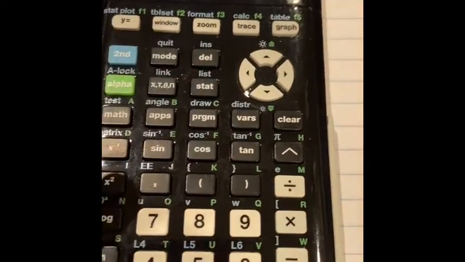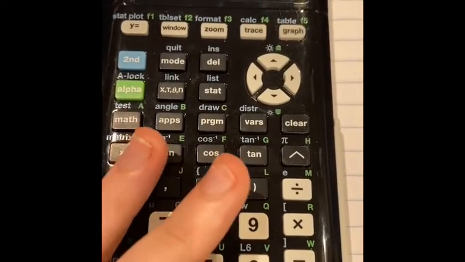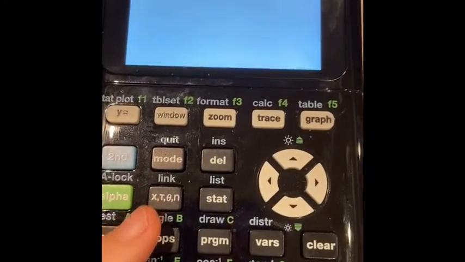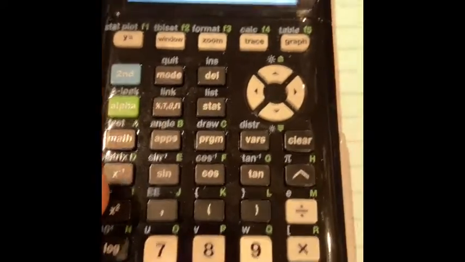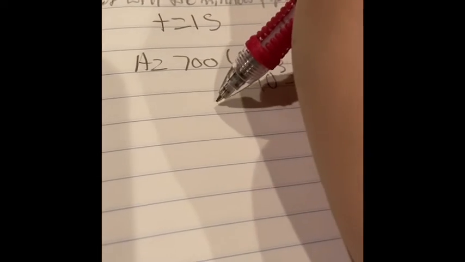So that should be 0.2 times 15, which of course is 3, and 10 to the power of 3 is 1,000. And 700 times 1,000, pretty sure I know this one, 700,000.